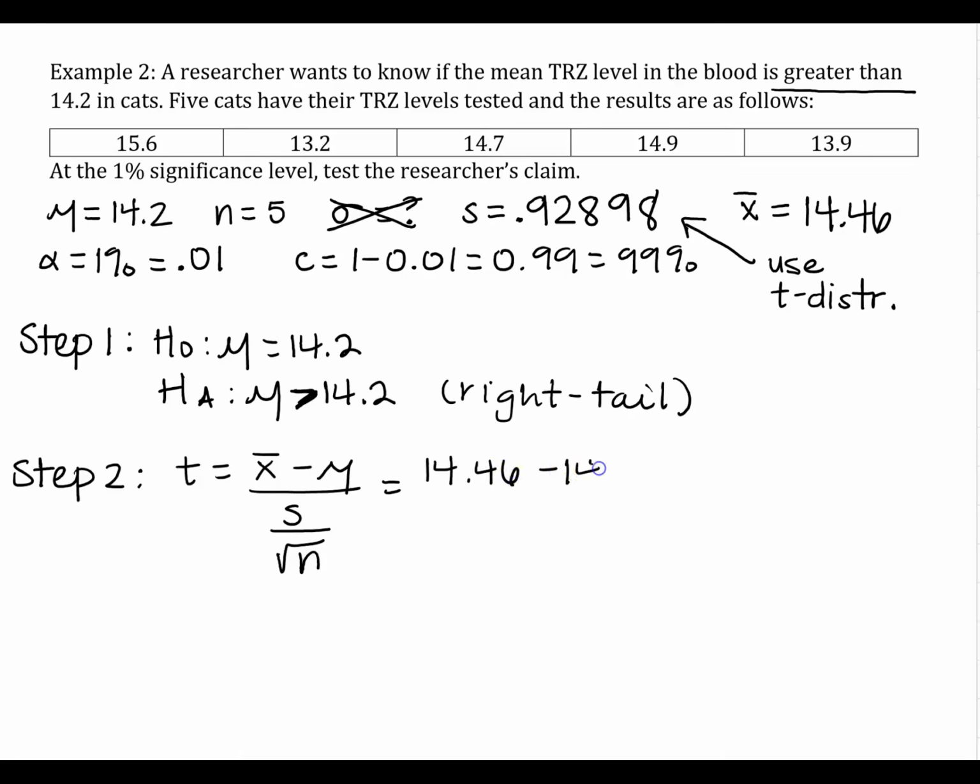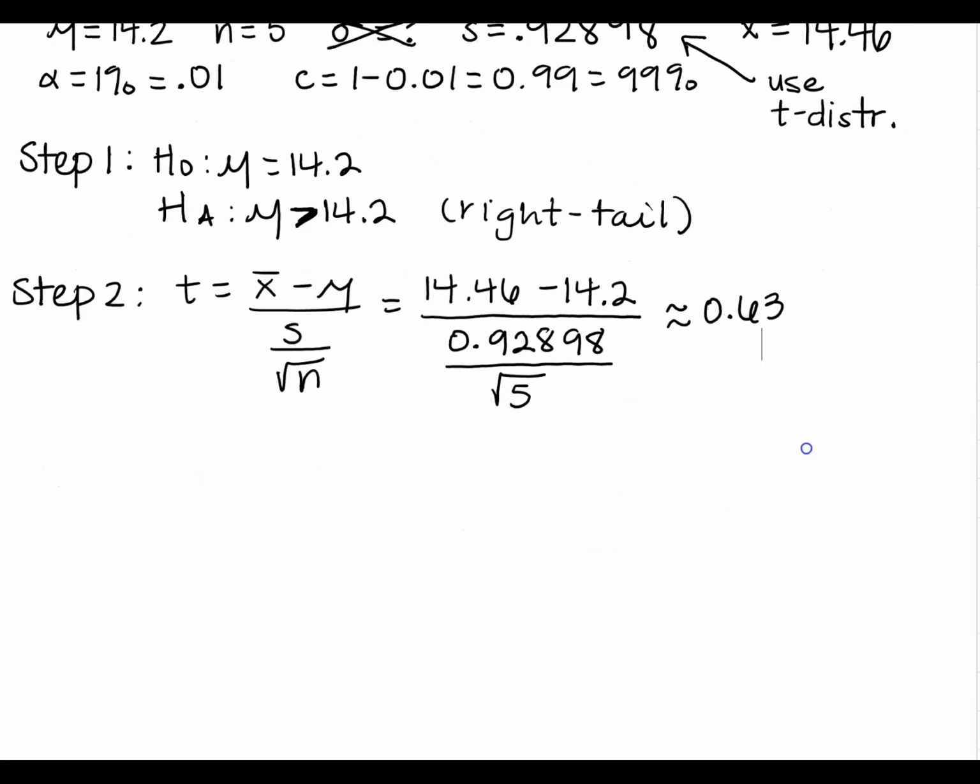Mu was given to us in the problem of 14.2. Sample standard deviation we pulled from the calculator and we rounded that to 0.92898. And the sample size we were given in the problem is 5. I will round this test statistic to 2 decimal places to get 0.63.